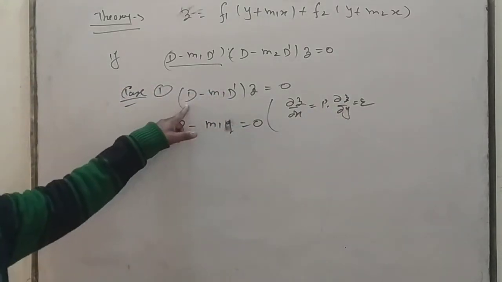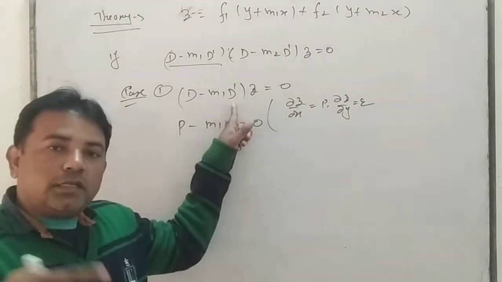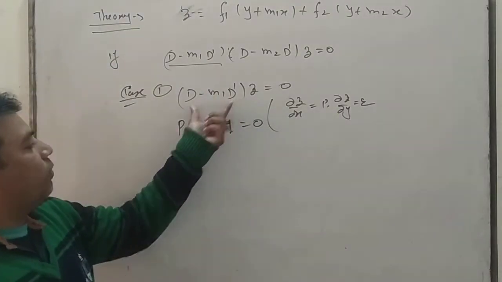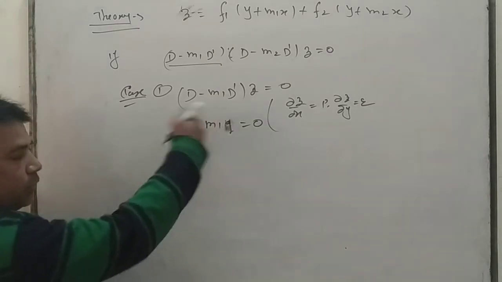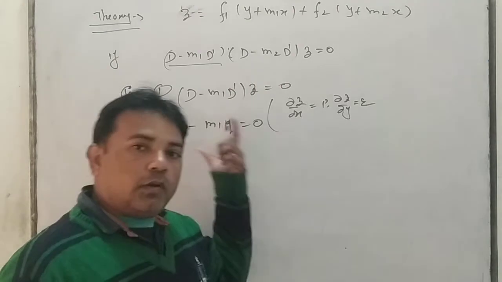It means D is the partial derivative with respect to x and D dash is the partial derivative with respect to y. This is the Lagrange partial differential equation.